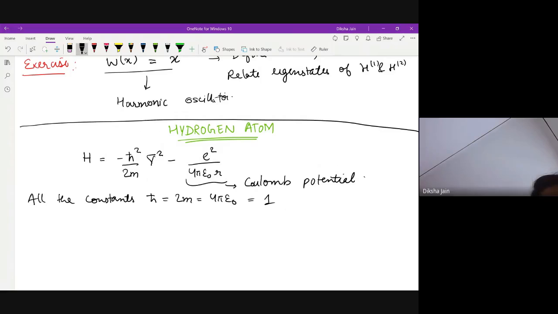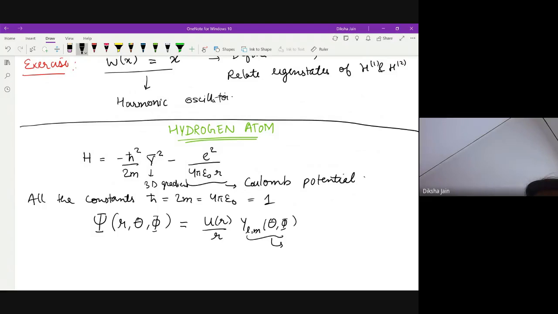Now when you solve for the hydrogen atom wave function, you use separation of variables. If this is the wave function, it's a function of r, theta, and phi variables. It's three-dimensional, so this gradient is a 3D gradient. You use separation of variables, and you define psi as u of r over r times Y_lm of theta, phi.